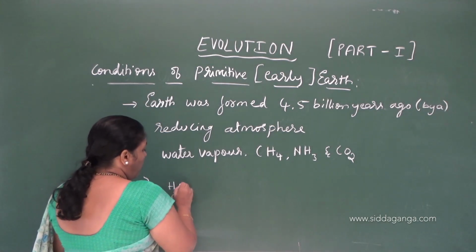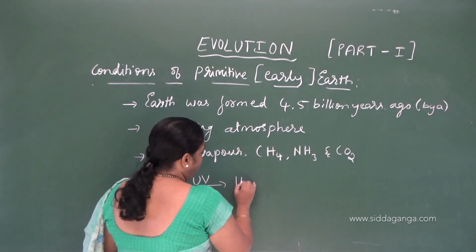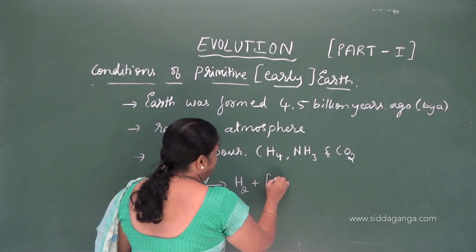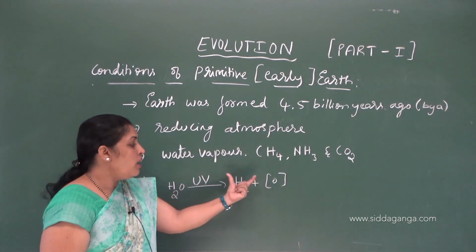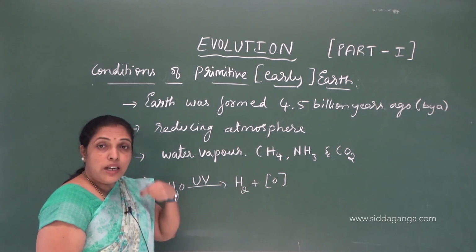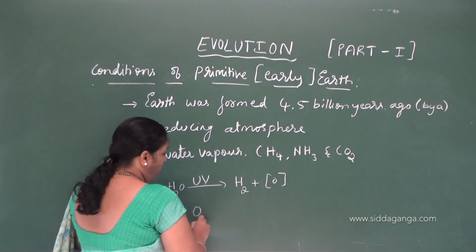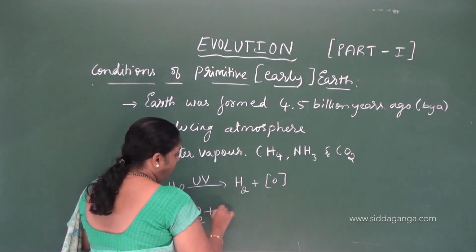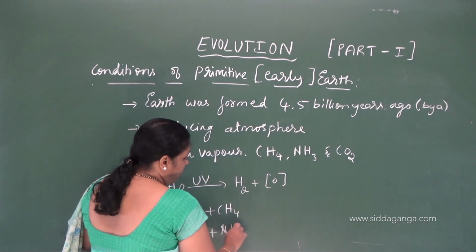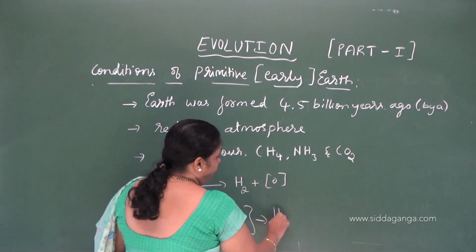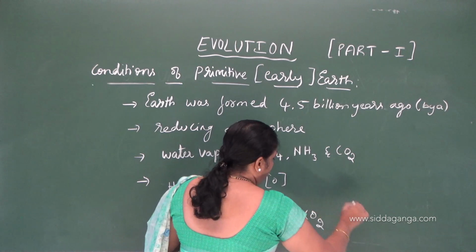This was acted on by UV rays, which split H2O into hydrogen and molecular oxygen. As hydrogen is lighter, it escapes, and the oxygen combines with methane and ammonia to form water, carbon dioxide and other molecules.